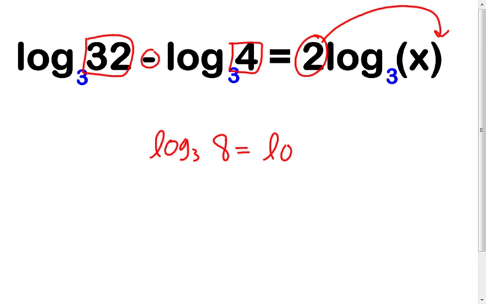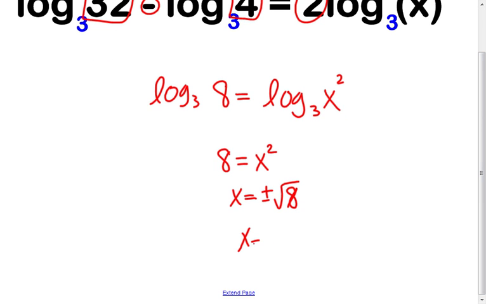So then I would have log base 3 of x squared. The only way that this would work is if these two quantities are equal, 8 and x squared. To solve for x, you would have to take the square root. And when you take the square root, you need a plus or minus. This breaks down to either positive or negative 2 root 2.